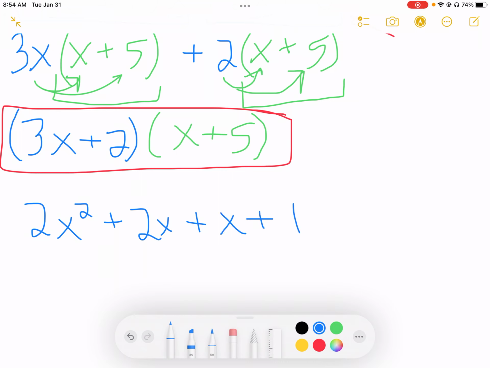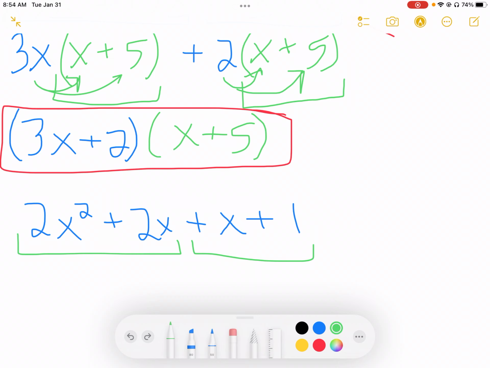For this one, I'm going to divide up into two groups, this group of terms and this group of terms. Now it is nice to have them in this order, where I have x squared first, then my x terms. If they're not in that order, you'd want to go ahead and reorder those.